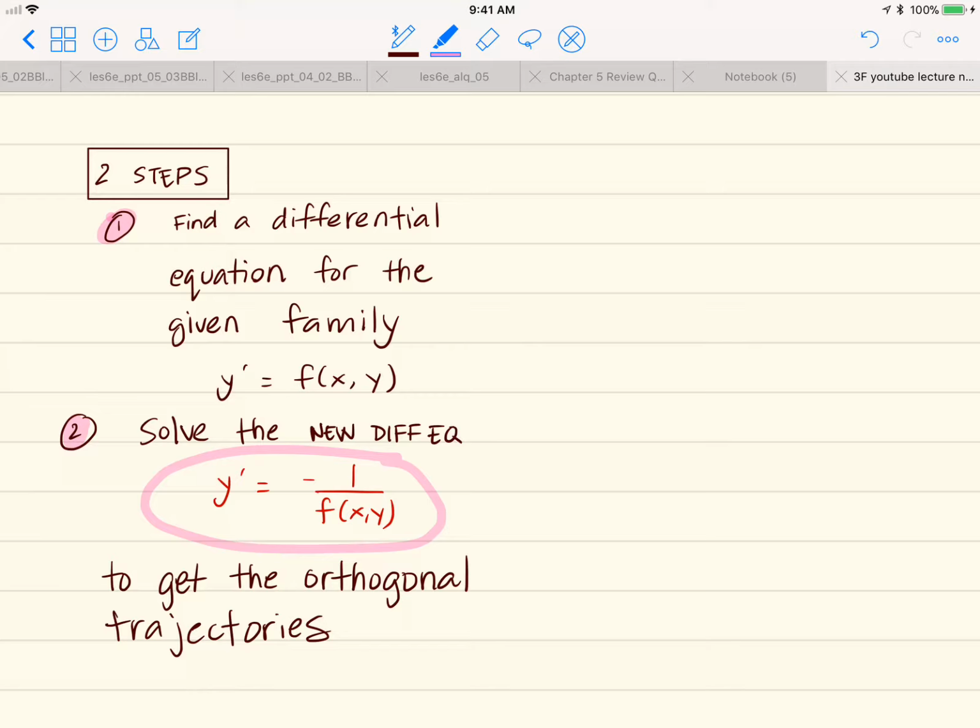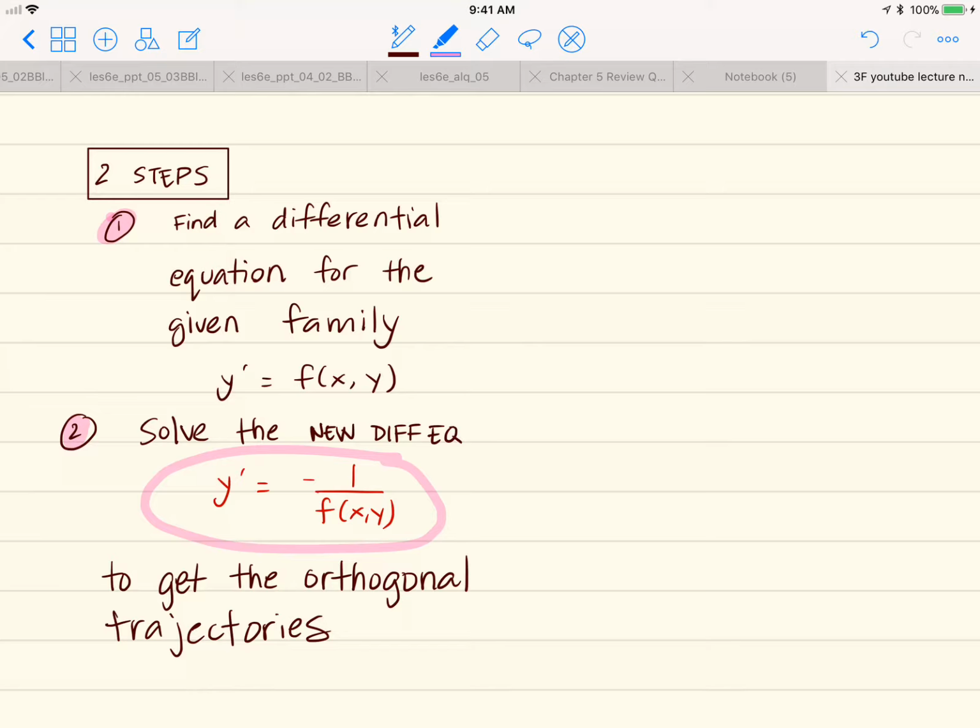Because remember, as we talked about in class, how do you know that two curves are orthogonal at a point? Their slopes have to be negative reciprocals of each other. So if I take the slope of my parabola at a point and multiply it with the slope of that orthogonal trajectory at that same point, the product of my slopes should be equal to negative 1.